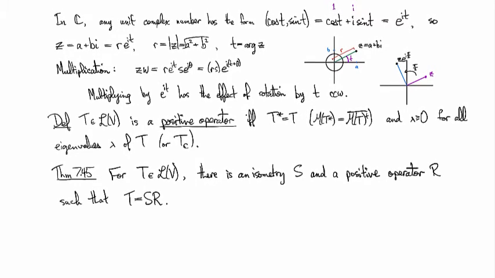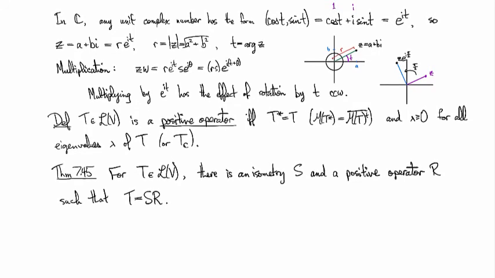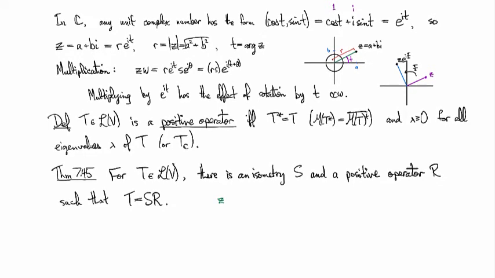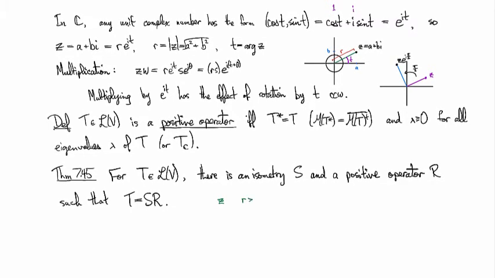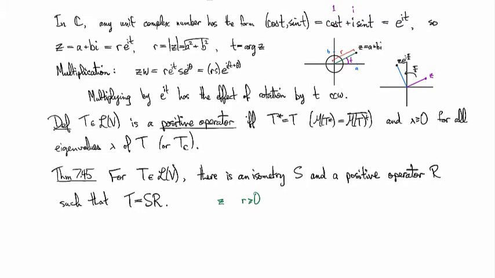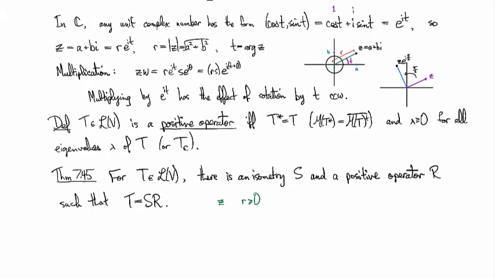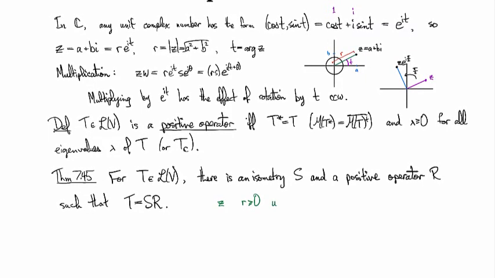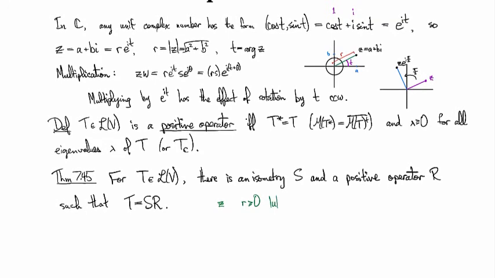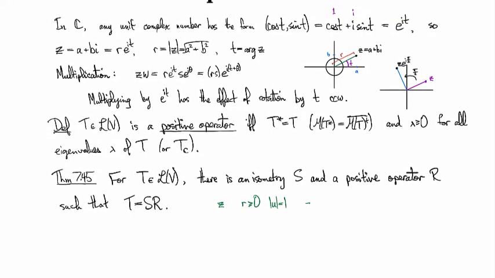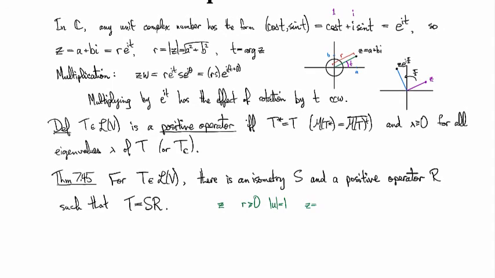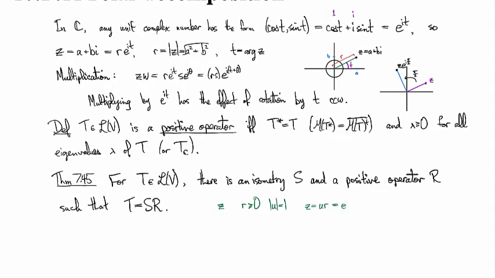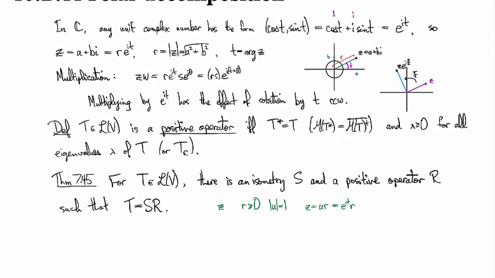And so you should think of this as being directly analogous to saying that for any z, there exists an r positive, well, non-negative, and there exists a unit vector u such that z is equal to u times r, and that would be e to the it times r in our case, right?